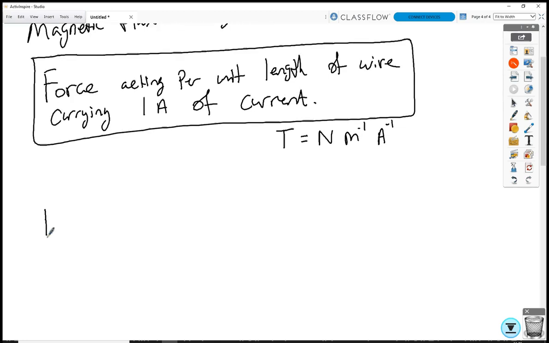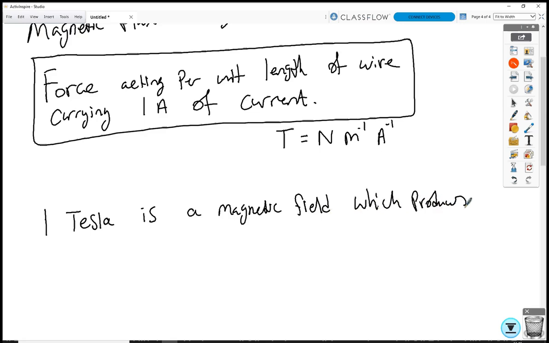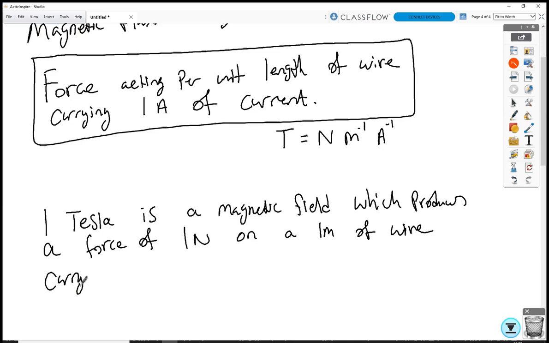So we can then say that 1 Tesla is a magnetic field which produces a force of 1 Newton on 1 meter of wire carrying 1 amp of current.